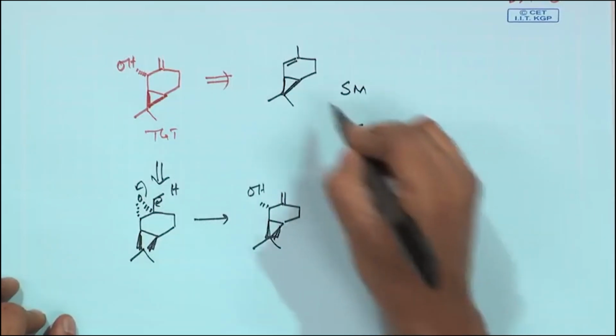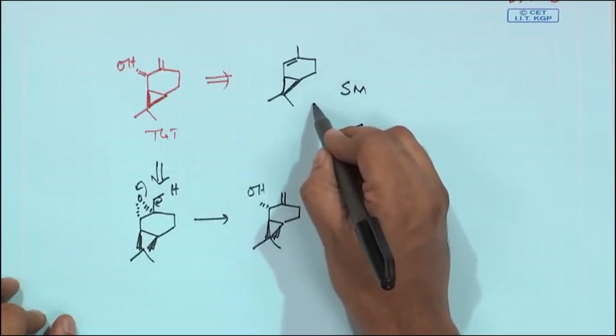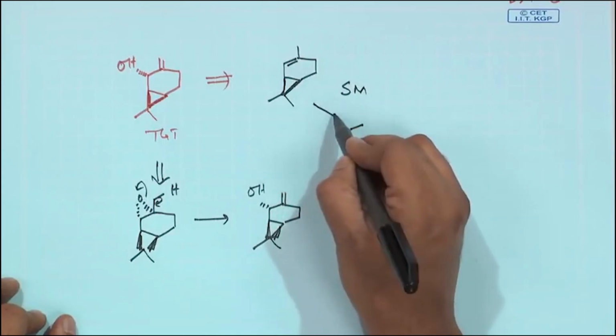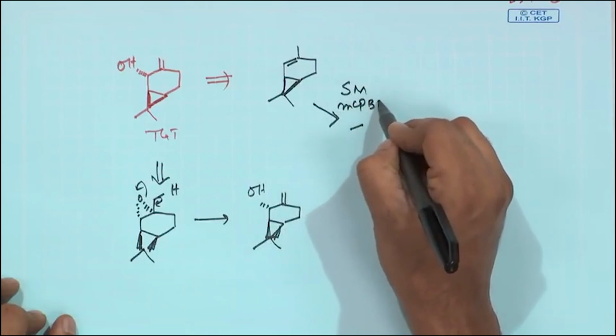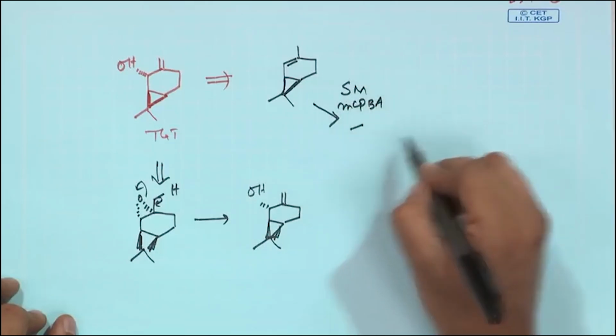The starting material is this. We take the starting material, and the first step we need to do is an epoxidation. We will put in MCPBA, metachloroperbenzoic acid.